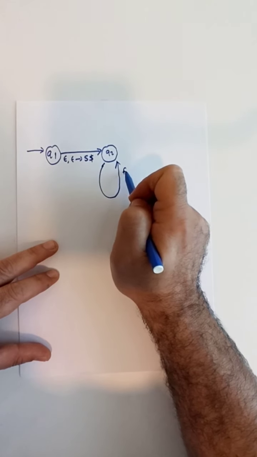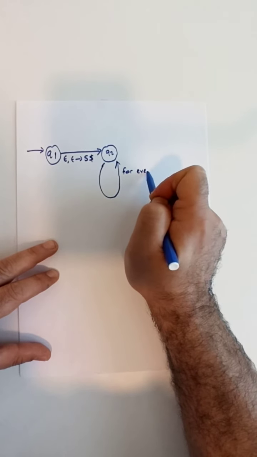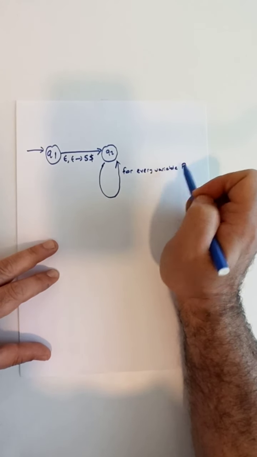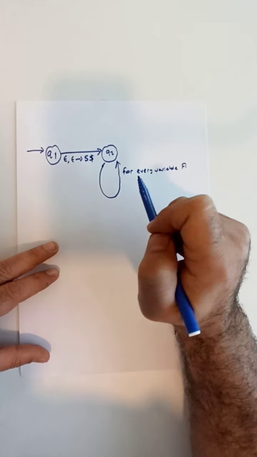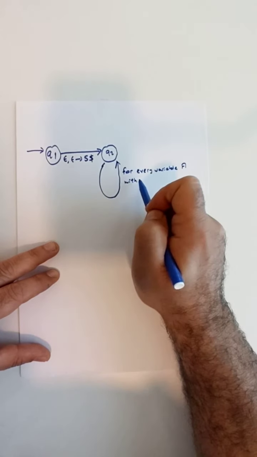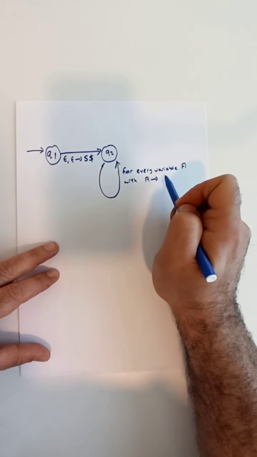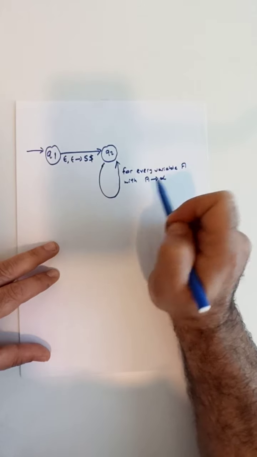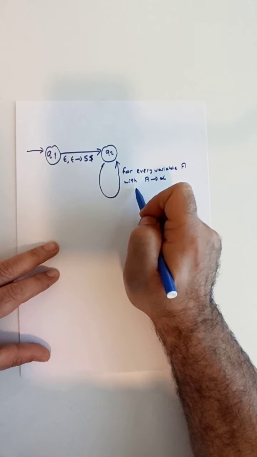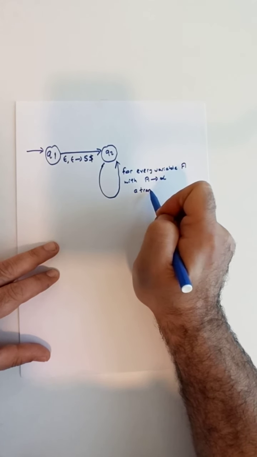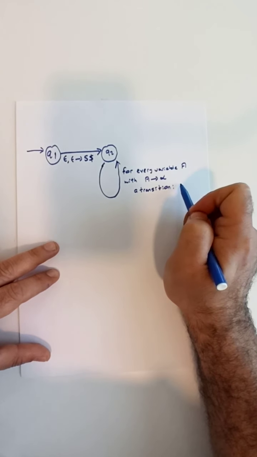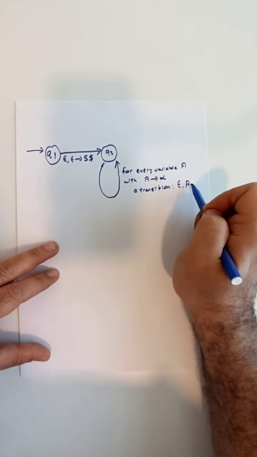So for every variable A in our grammar, for every variable A with a rule that says A can be expanded with some string alpha, we introduce within this loop a transition of the following form: epsilon, A to alpha.